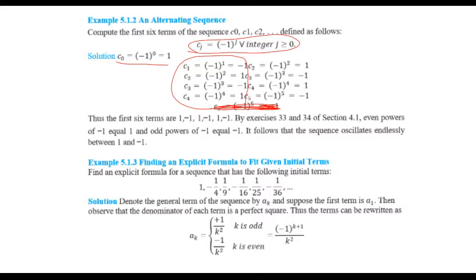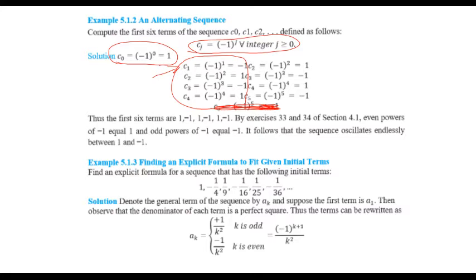C sub 0 is equal to -1 to power 0, which is equal to 1 by the definition of power to 0. And then we have C1, which is -1 to power 1, because we need to replace j with 1, and -1 to power 1 is equal to -1.